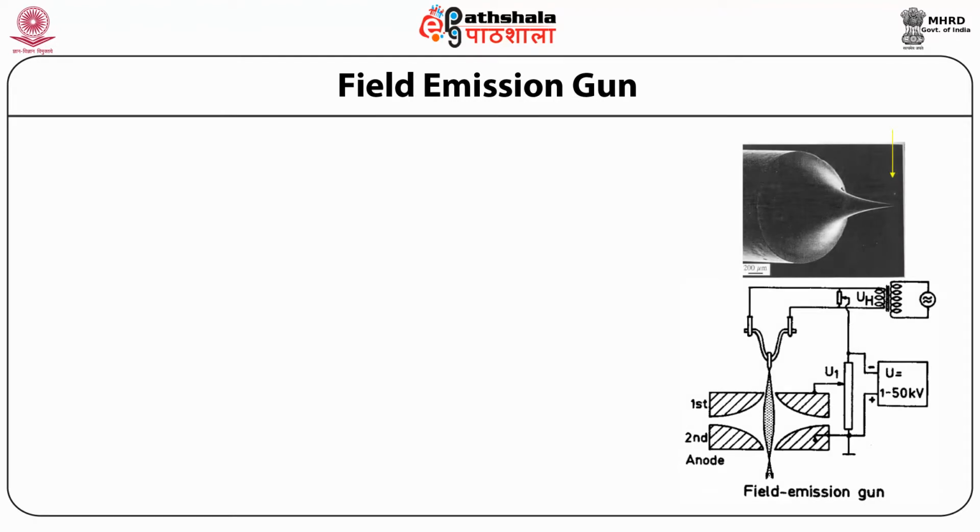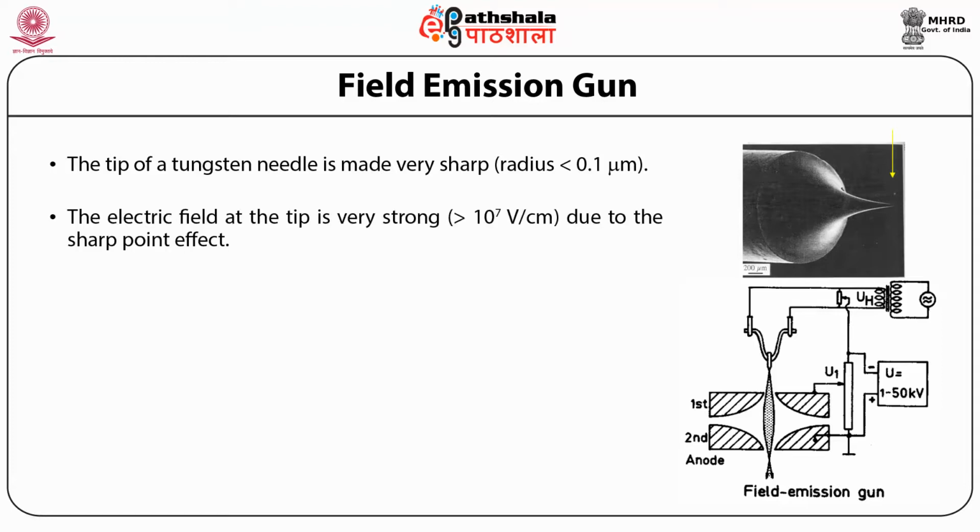So students, let us discuss the next type of emission gun, that is the field emission gun. Now as you can see in this figure, the tip of the tungsten needle is made very sharp, that is, its radius is less than 0.1 micrometer, and the electric field at the tip is very strong, greater than 10 to the power 7 volts per centimeter, due to the sharp point effect.